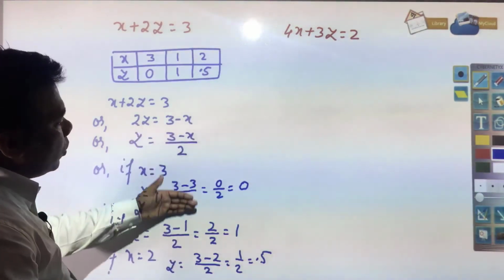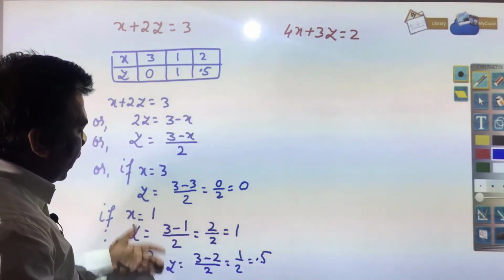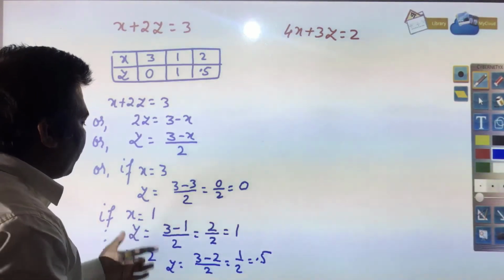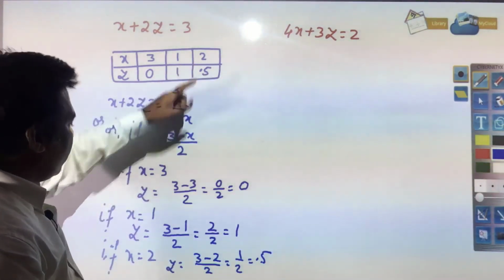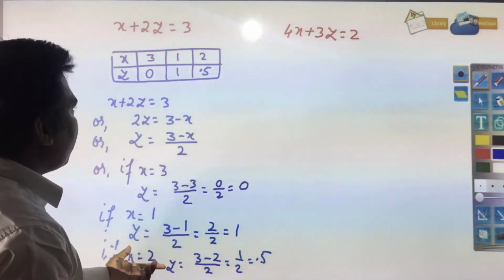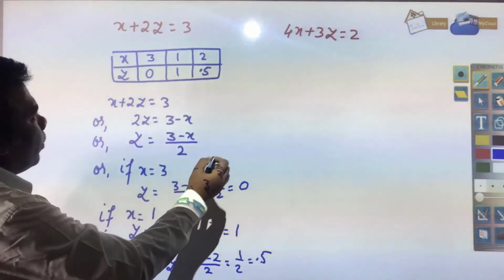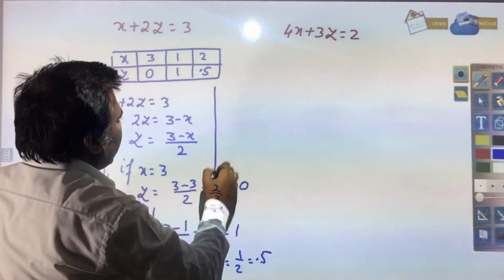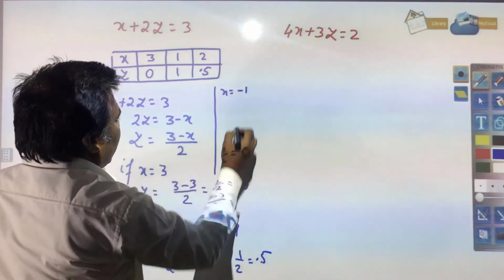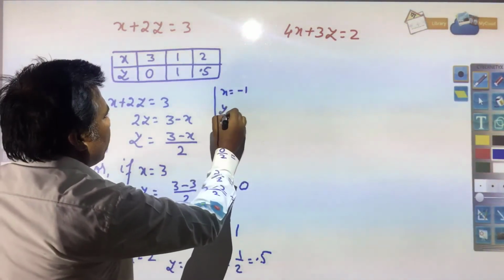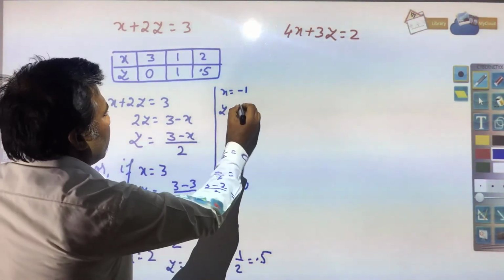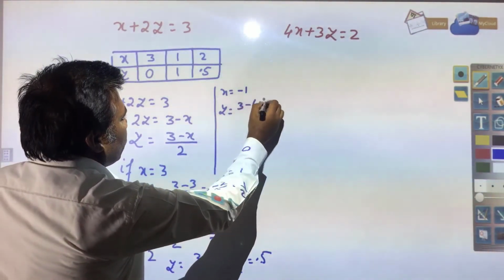Any other number of your choice can also be put, and the value can be found. Suppose instead of 2 you put some other number, say minus 1. Then x is equal to minus 1, and y is equal to (3 minus of minus 1) divided by 2.